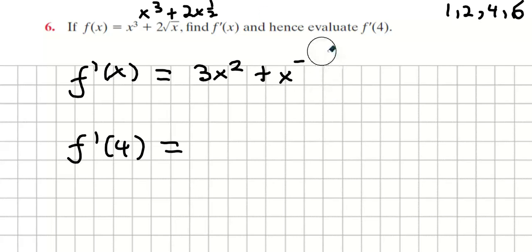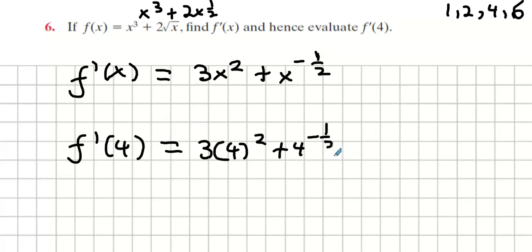X power minus a half. You take 1 away from power of a half. Then what you do with the x's? Anywhere you used to see an x, you do what? Put a 4 in. What happens after that then? 48 plus 2. Anybody get 50? Into the calculator for 50.